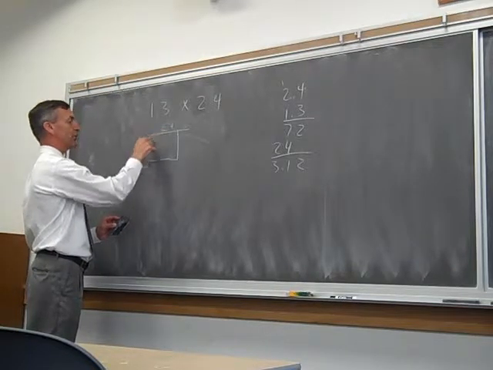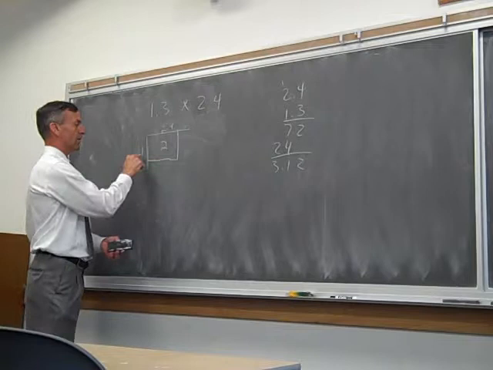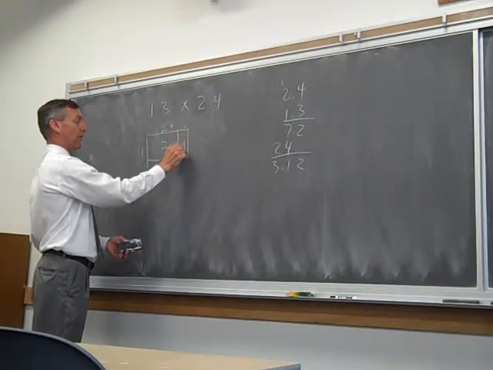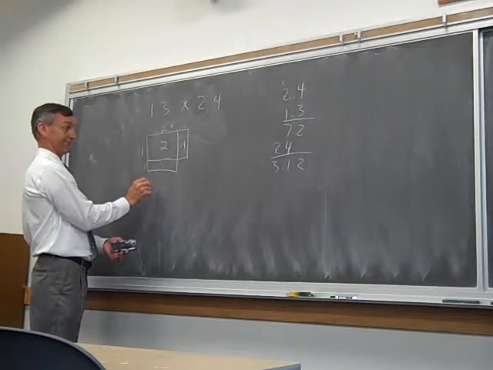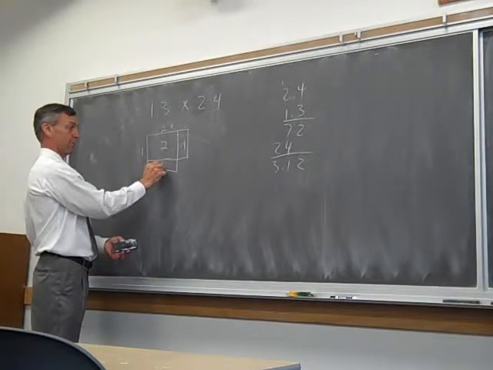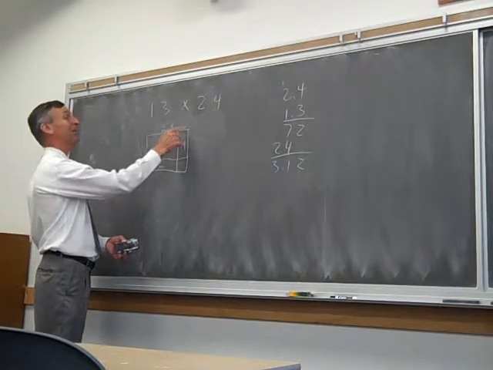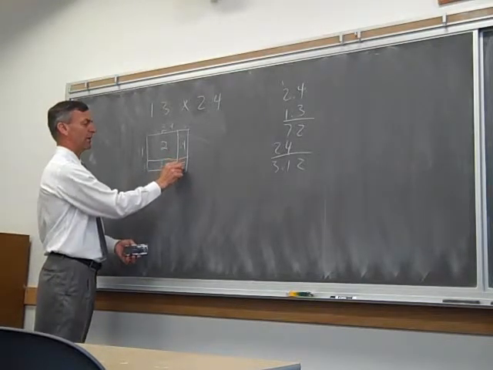Now, what's 2 times 1? 2. What's 1 times 0.4? 0.4. What's 2 times 0.3? 0.6. And now what is 0.3 times 0.4? 0.12.